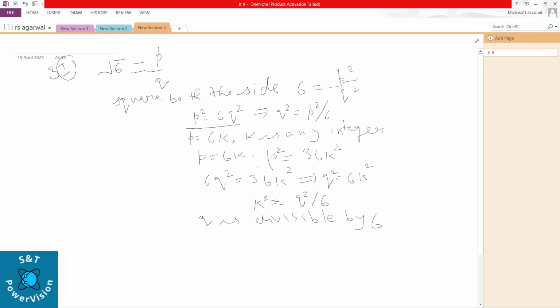And also if you go to this step, P is equal to 6K, it means it is a multiple of 6.